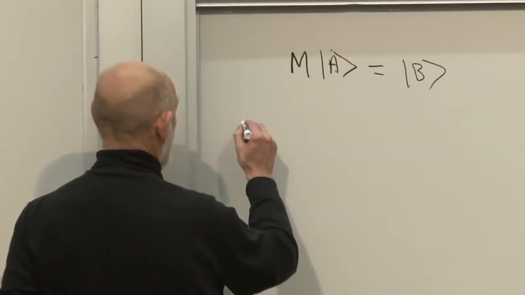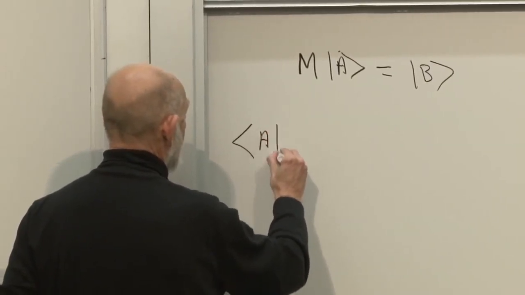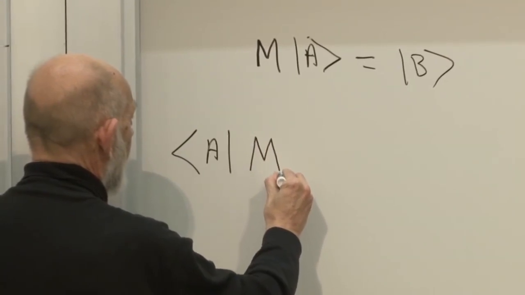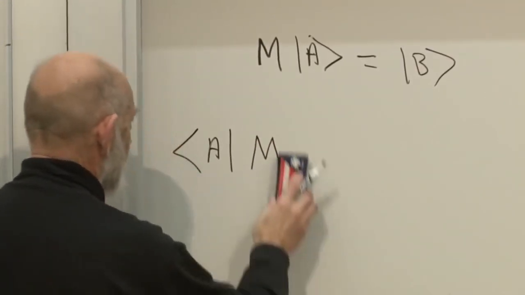Is there a linear operator which has the property that when it acts on, I'm not going to call it M yet.